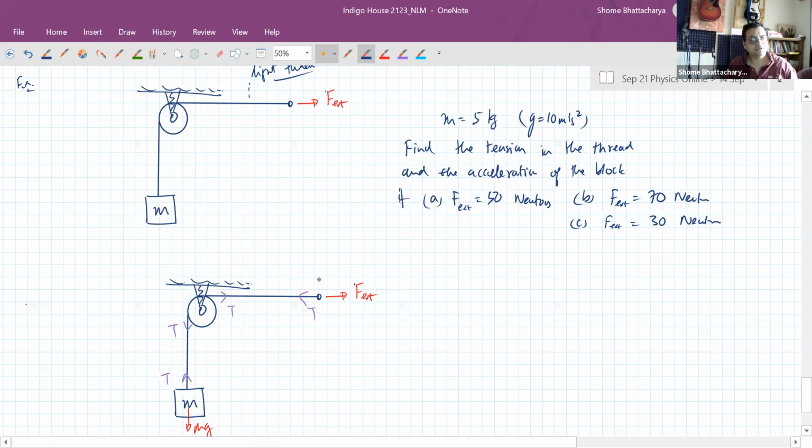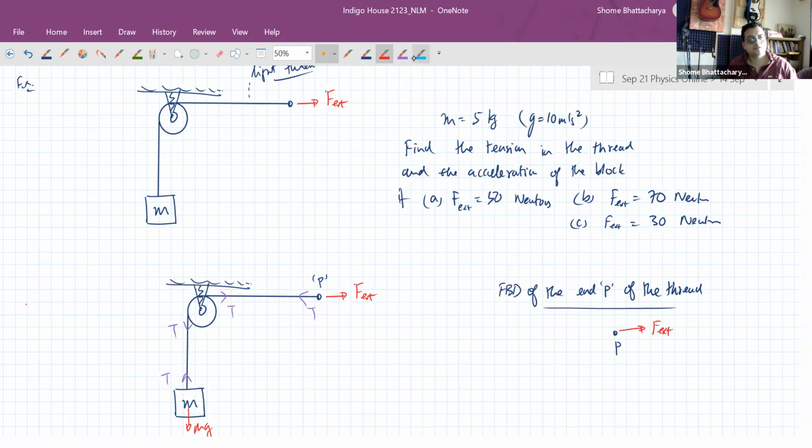Next, what we do is we can make a free body diagram, FBD, of this end P of the thread. So regardless of whether it's accelerating or not, the end P is a massless point, because the thread is massless, so it does not have any mass. So the net force on such a point must always be zero, because F is equal to ma and m is zero for that point.